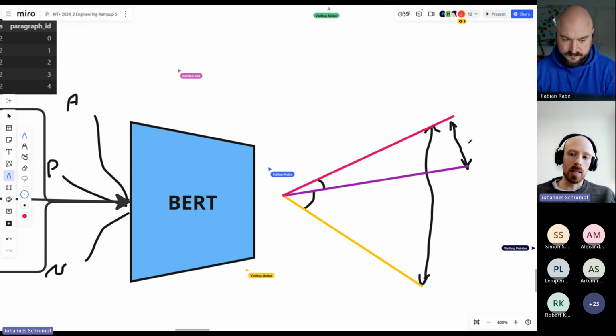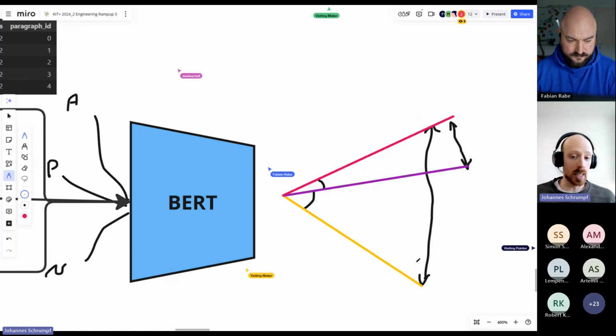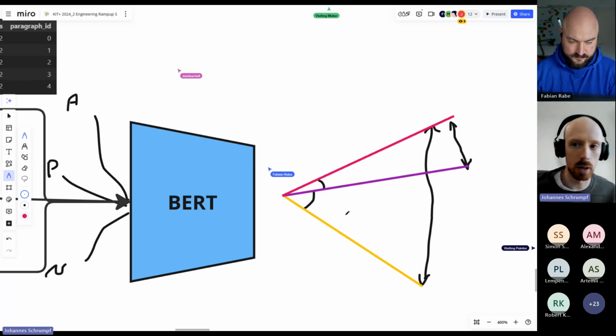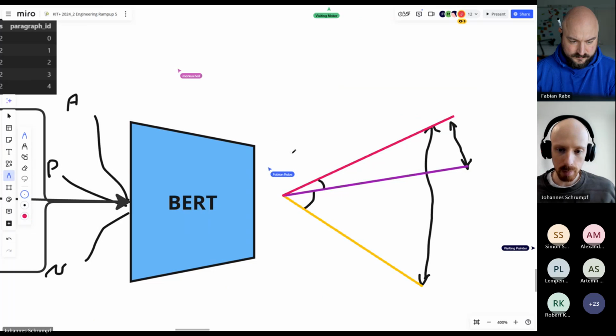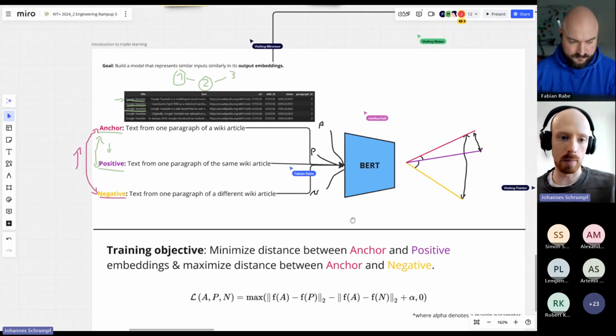And when this distance here, the distance between the anchor and the positive is lower than the distance between the anchor and the negative, the network gets a very small punishment, or it gets a high reward. And if the distance between the anchor and the negative is actually smaller than the anchor and the positive, then the network gets punished, or it gets a low reward for that. So that's the intuition behind triplet learning.